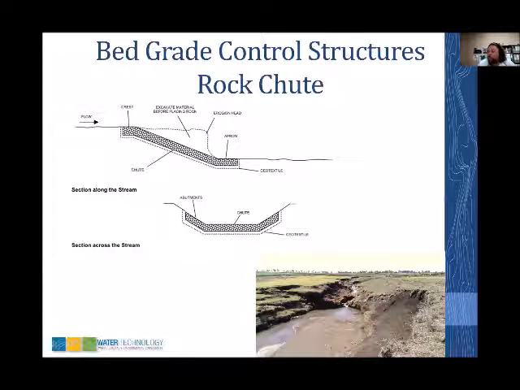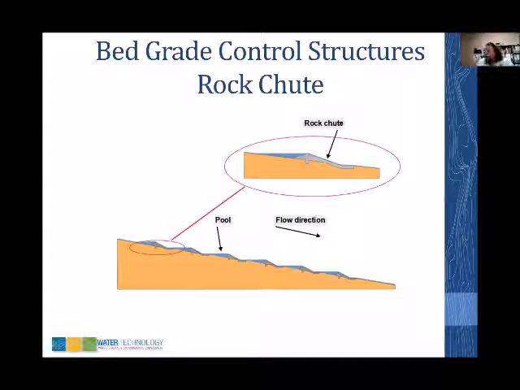And often they're not constructed in isolation. Back in the 80s and 90s in particular, there was a systematic strategy that involved constructing a series of rock chutes across several river systems, including Hodgson's Creek, but also along 15 Mile Creek and Burgoigee Creek as examples in northeast Victoria.